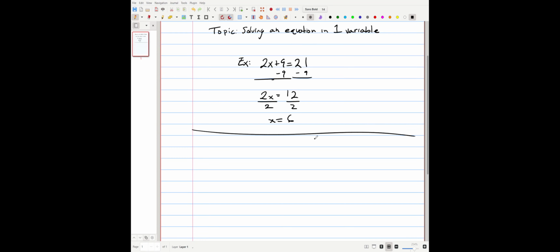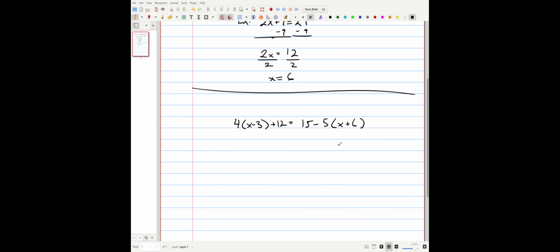Now, what if we have the variable appearing on both sides? Like so. Well, the goal here will be to simplify the expression.